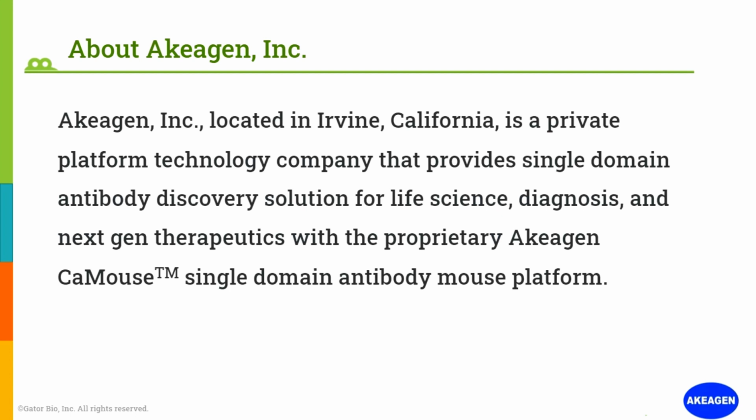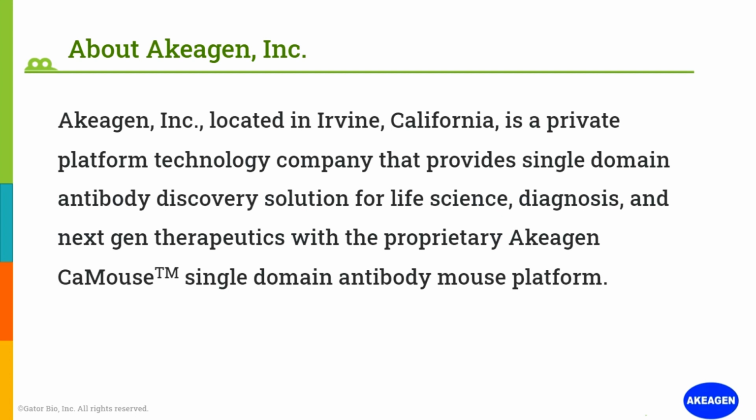And it's a really powerful platform technology to generate next generation single-domain antibody for bispecific or multifunctional biologics. And so in today's talk, we'll present a case where we collaborated with Gator Bio for high-throughput, highly efficient screening of functional antibody in a short time.